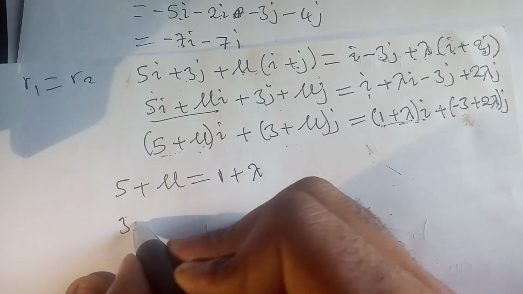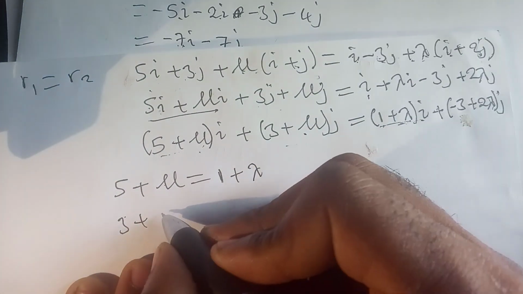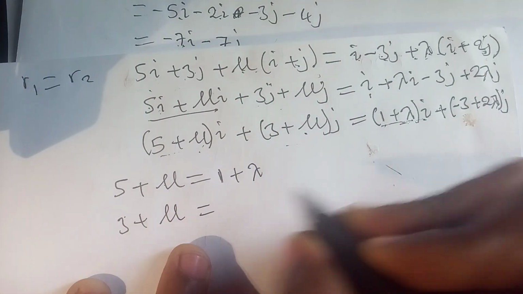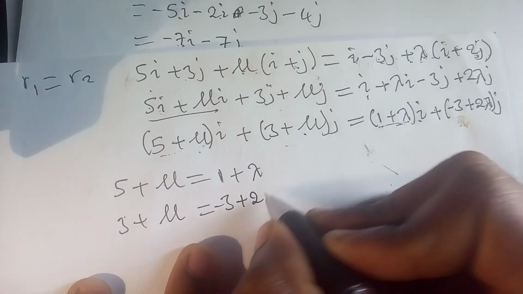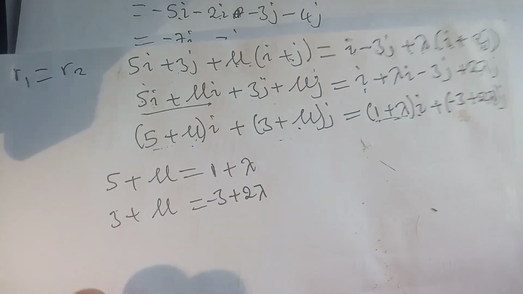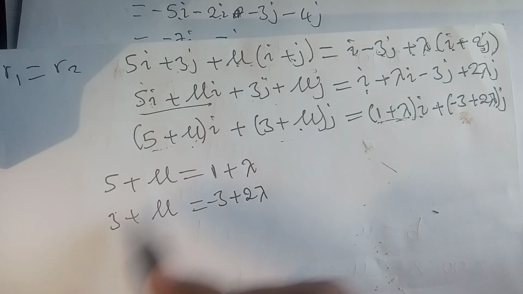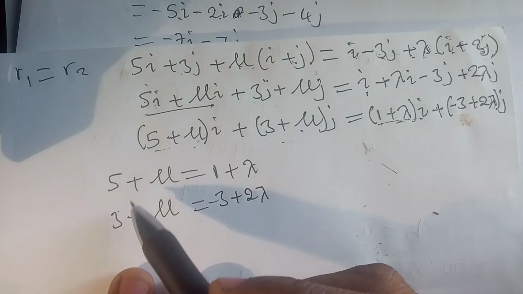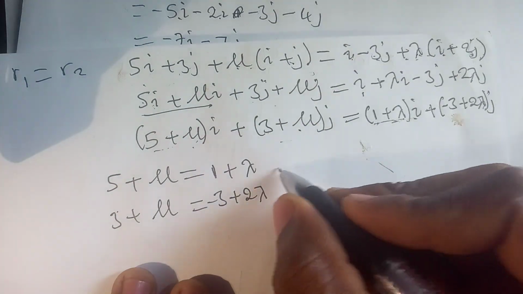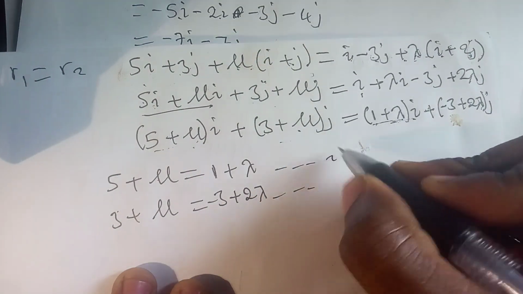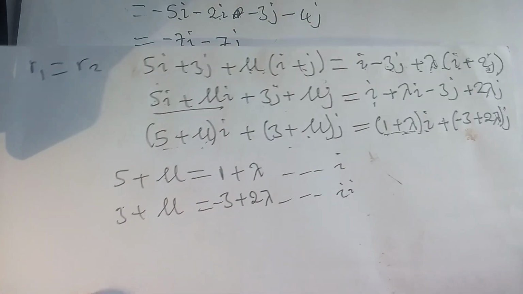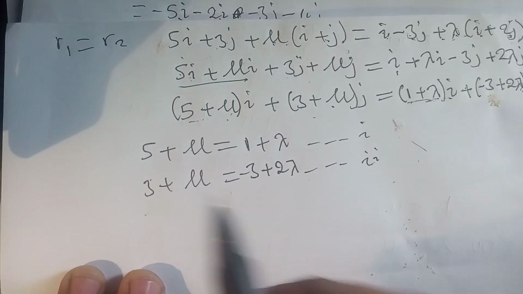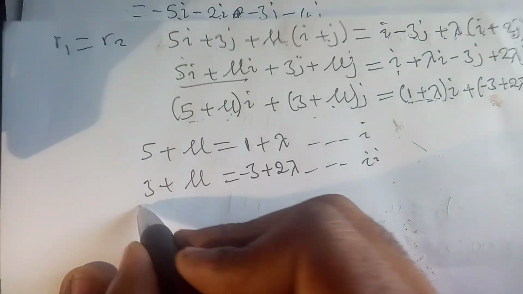So we have 3 plus mu, I'm getting the j terms now, is equal to negative 3 plus 2 lambda. So we can simplify by taking these things to the other side. By the way, this is my equation 1, and this is my equation 2. Or we can simply subtract so that we eliminate the mu.